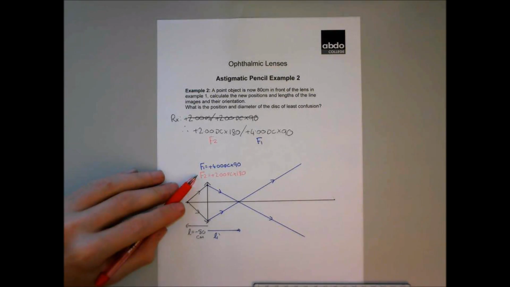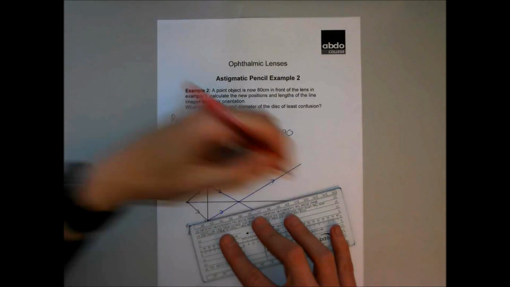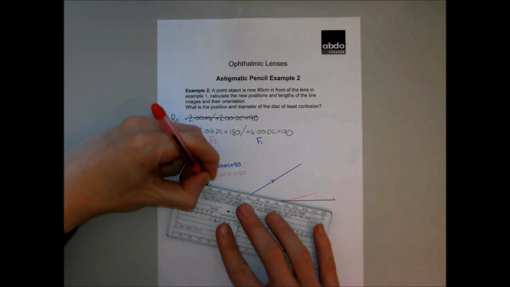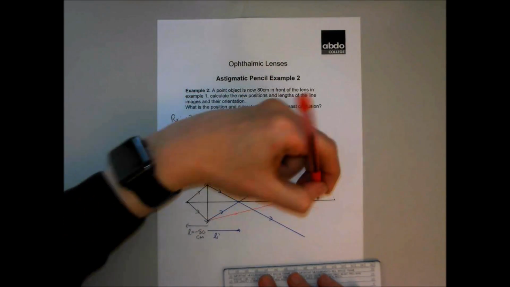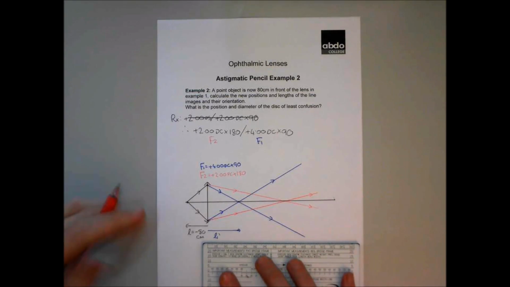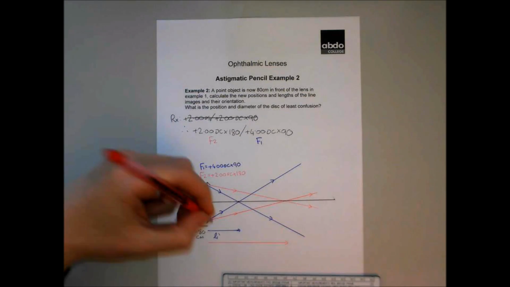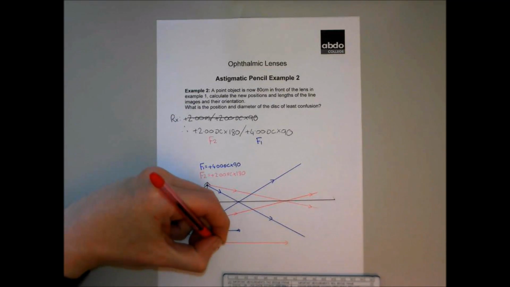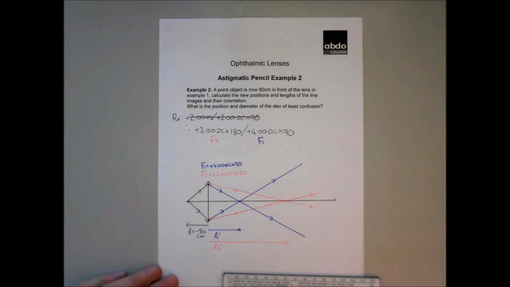Our second power, F2, is weaker, so it's going to focus to a point further away. And again, at that arbitrary distance, because we're not drawing this to scale, I'm going to say that is little l2 dashed. That is the image distance for the second focus.